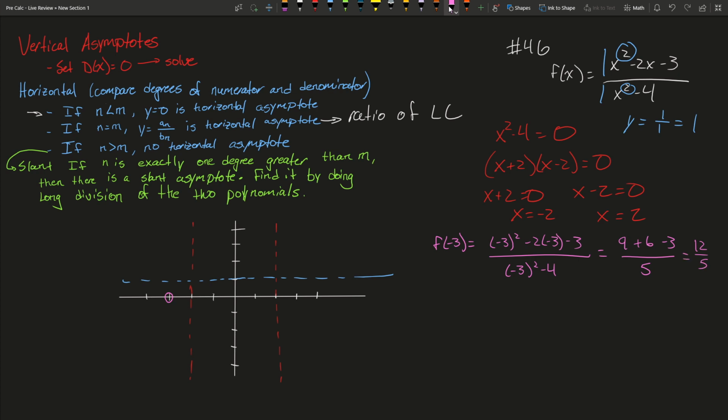When we do that, we get 12/5, which is greater than 1, which means our graph will be above the blue line and to the left of the red line.